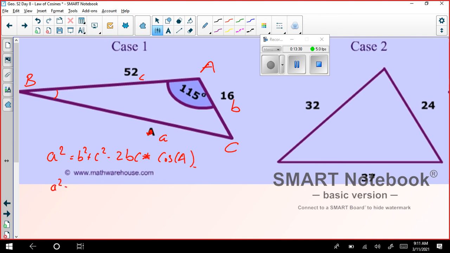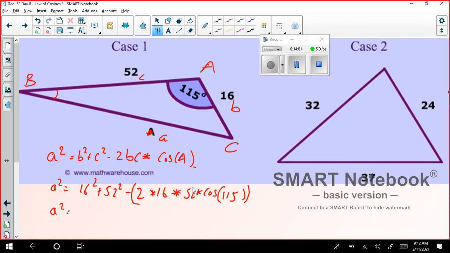A square equals B square, which was 16, C square is 52 square, minus 2 times B, which was 16, times C, which was 52, times cos A. So once again put that also, you have cos of angle 150 degrees. Now we can simplify this with the calculator.